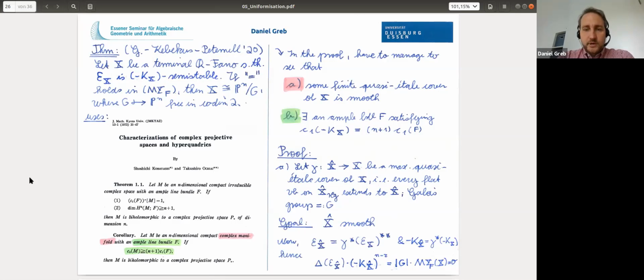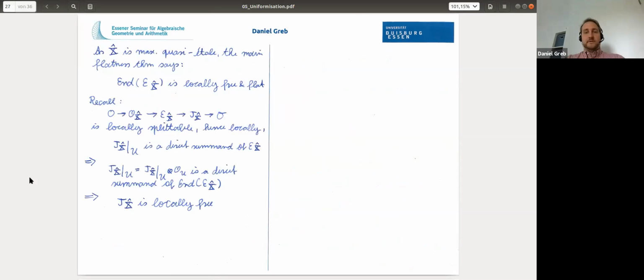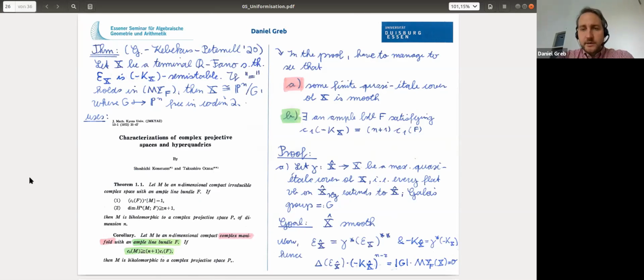So first, because my gamma is unbranched over the smooth locus, it's easy to see that the canonical extension on X hat is essentially the pullback of the canonical extension on X.